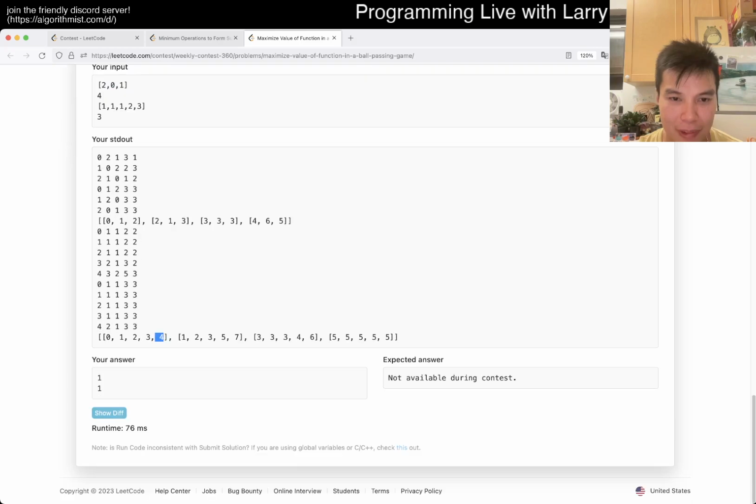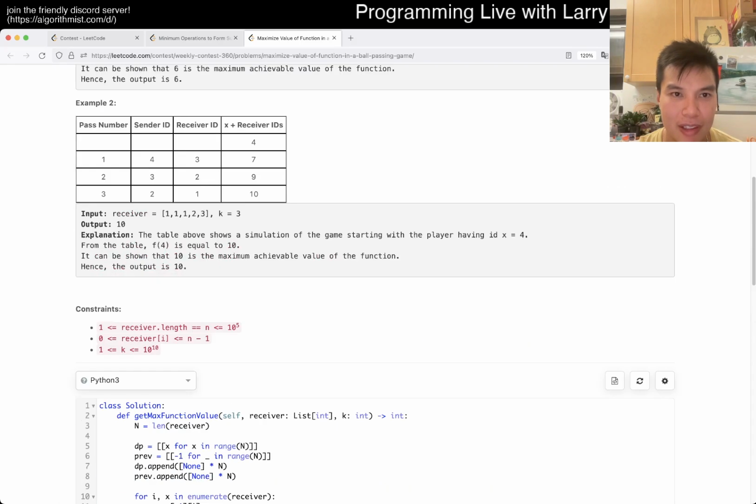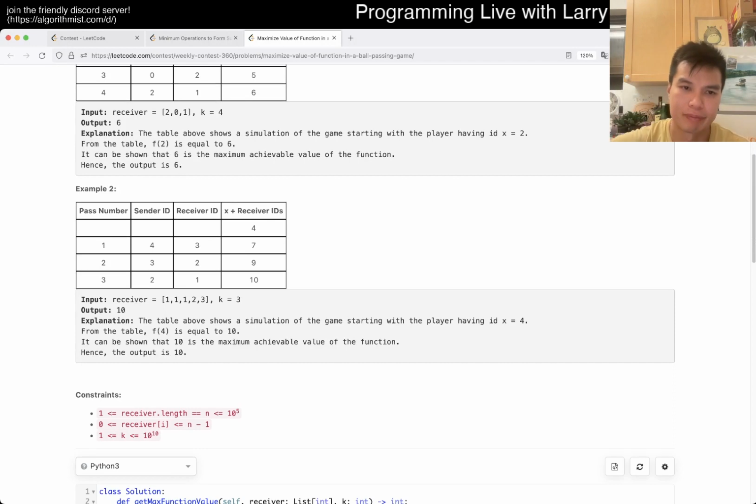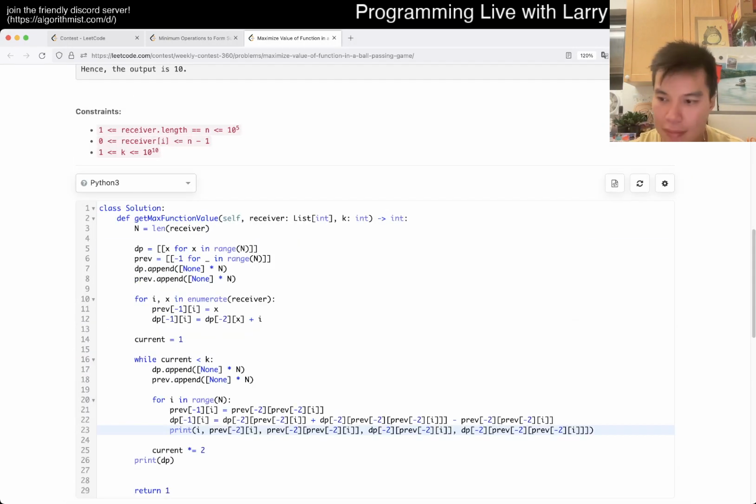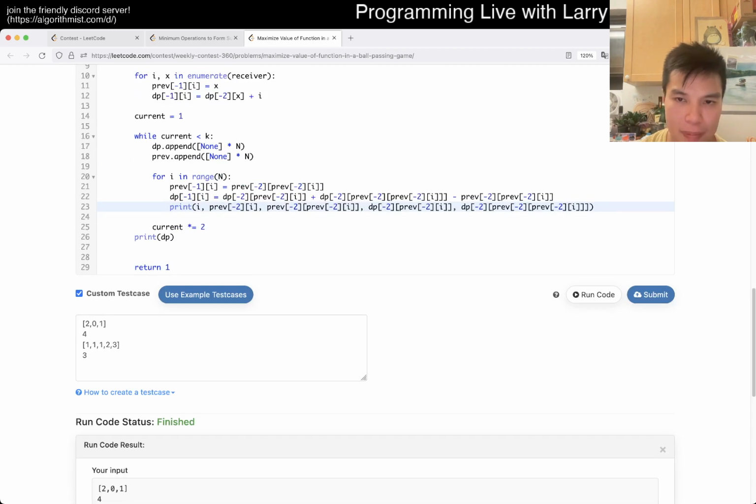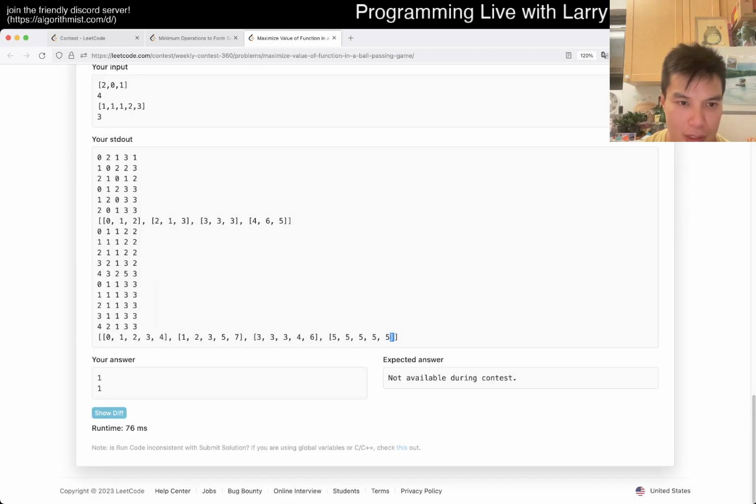Well, the number got smaller, so this is definitely still wrong. The problem is that, yeah, the sum part is a little bit confusing for me.